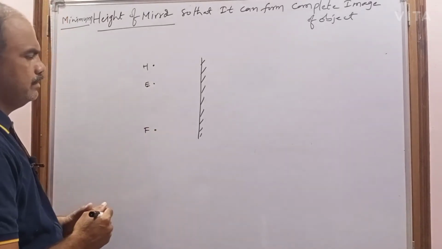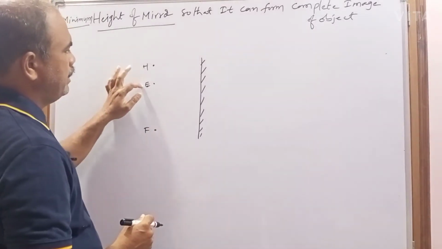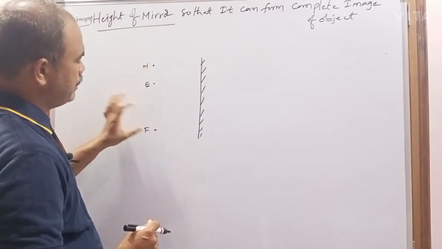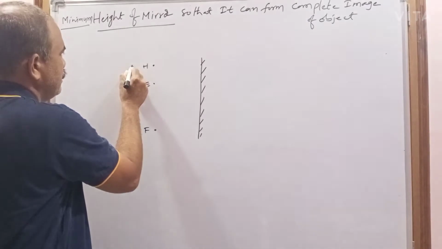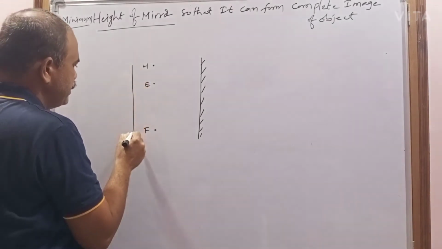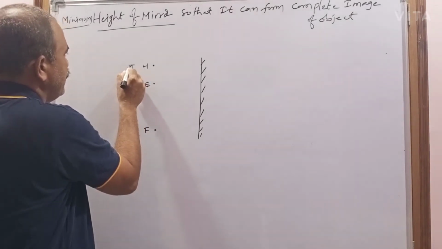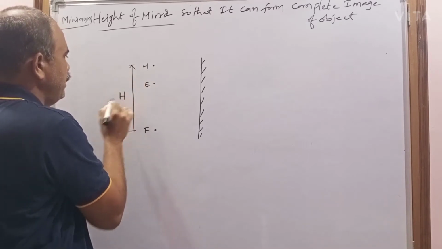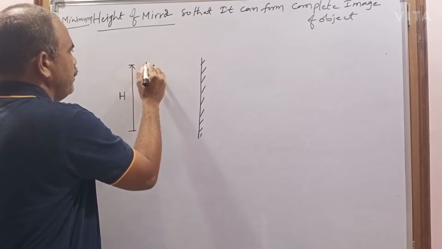What is the height of the man? The height of the man will be capital H. Now consider the head will be small h.